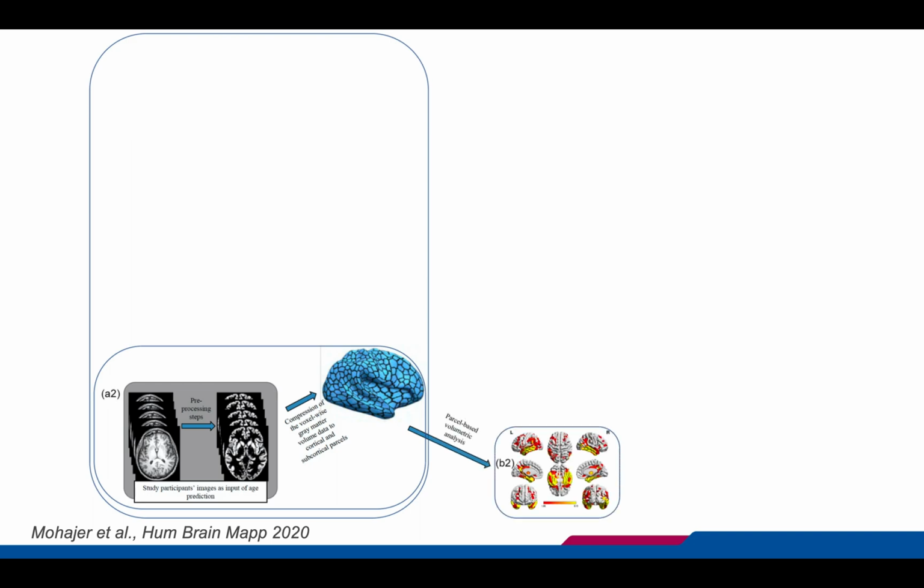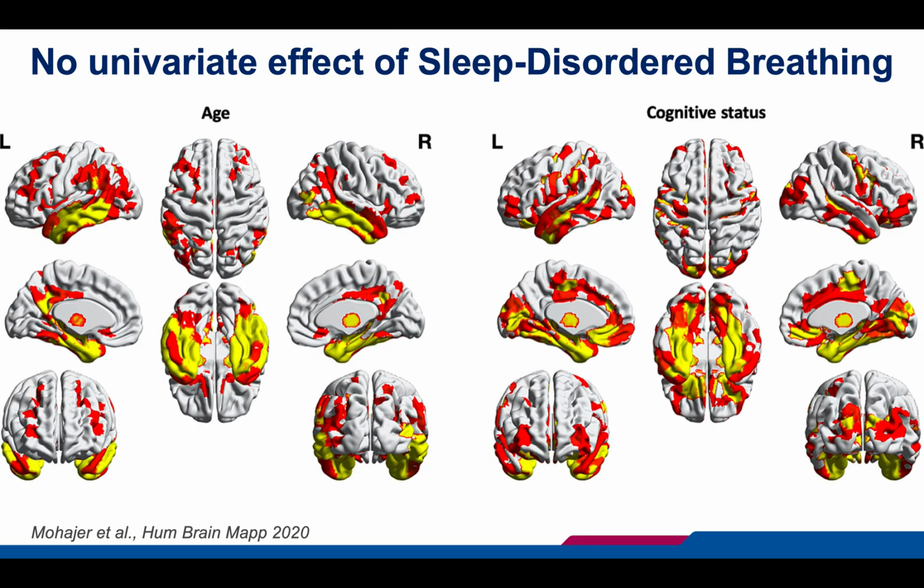In the first step, we used a classical mass univariate analysis to see whether there are significant differences in gray matter structure between patients with and without sleep-related breathing disorders. Now, if we look at the univariate effects, we first of all, and I have to stress this, can replicate the well-known effects of both age and cognitive status.